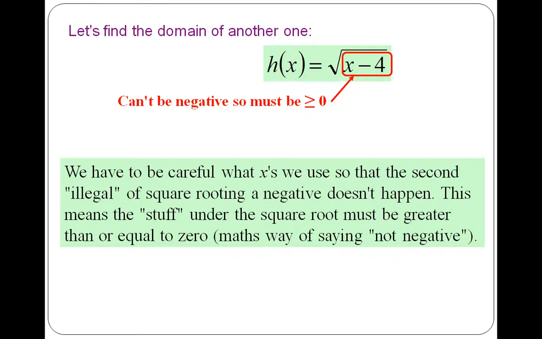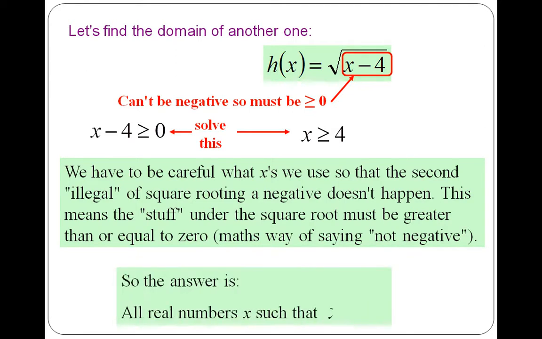So let's set x minus 4 greater than or equal to 0 and solve for x. If we add 4 to both sides, we get x is greater than or equal to 4. So this is our domain. The answer is all real numbers such that x has to be greater than or equal to 4.